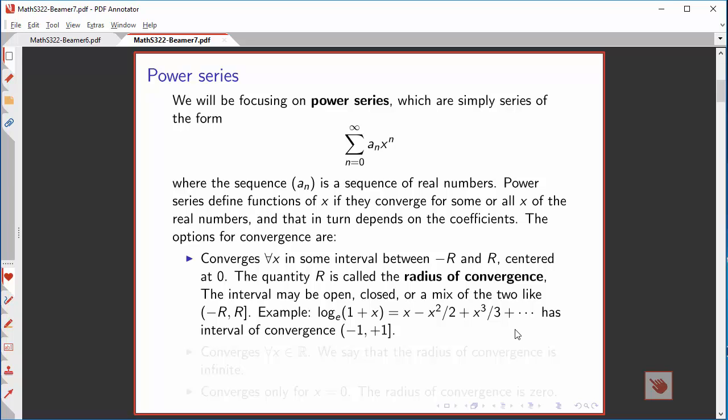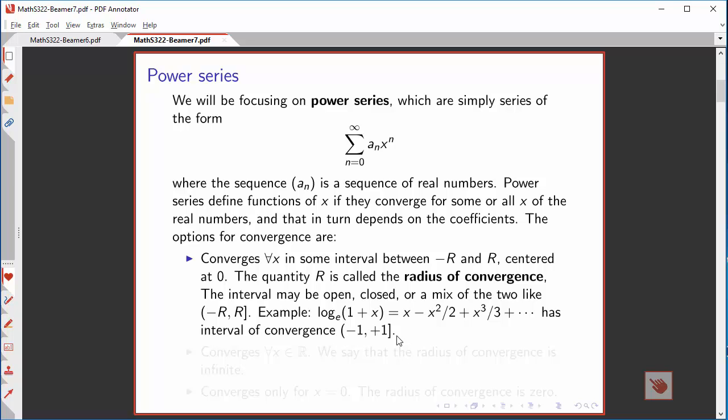If, on the other hand, you plug in minus 1, you get minus 1 minus a half minus a third minus a fourth. That's the harmonic series with minus signs thrown on. It's a divergent series. So in this case, the power series converges at plus 1, doesn't converge at minus 1, and here is the full interval of convergence.